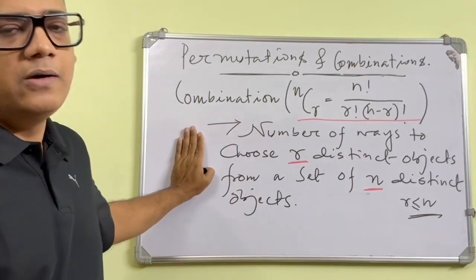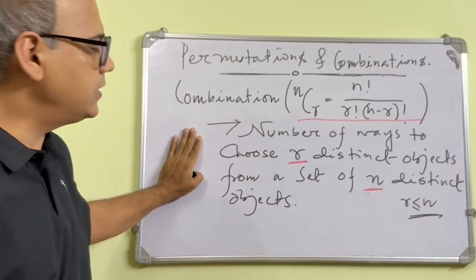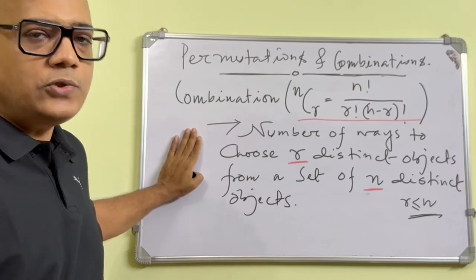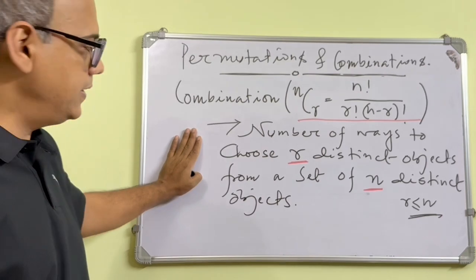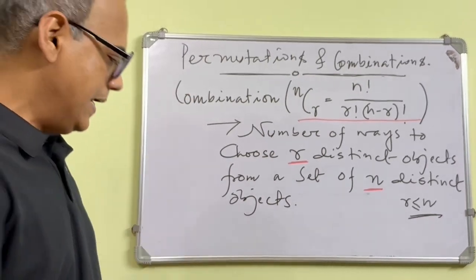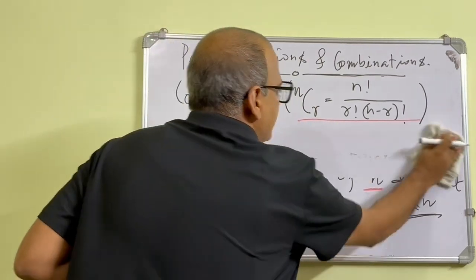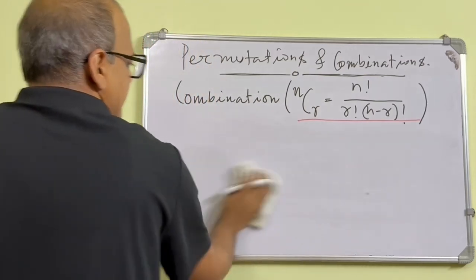Before that, one thing to remember: in permutation, it's a choose and arrangement, whereas combination is just choose. So let's write down some of the differences between permutations and combinations.